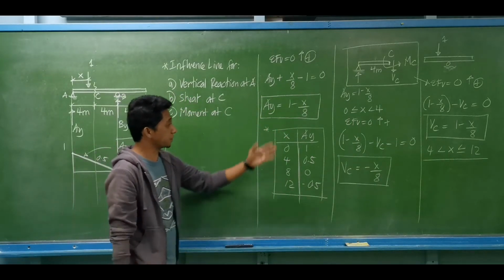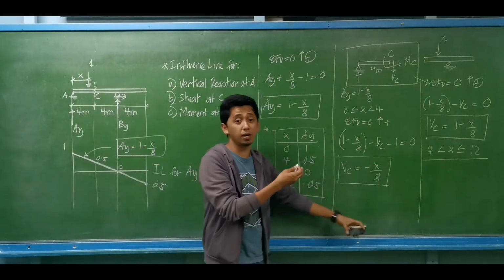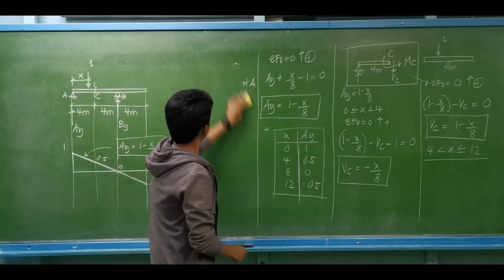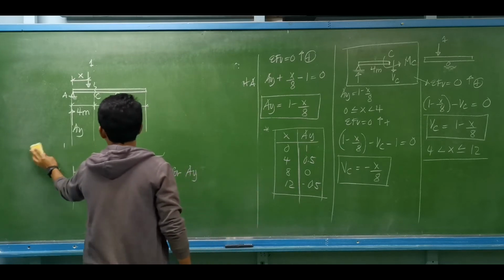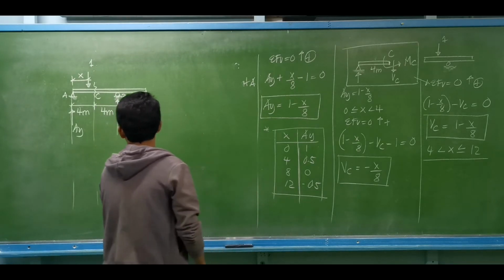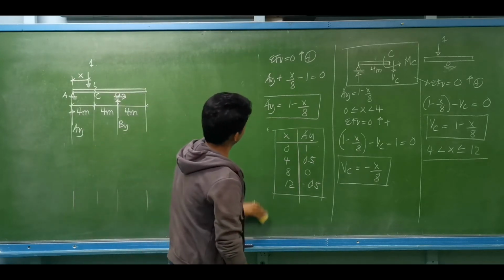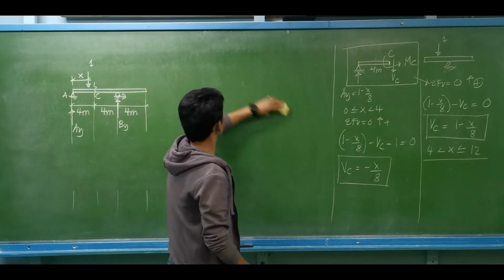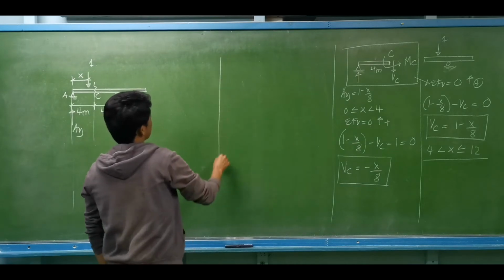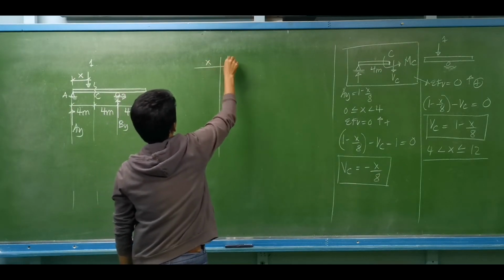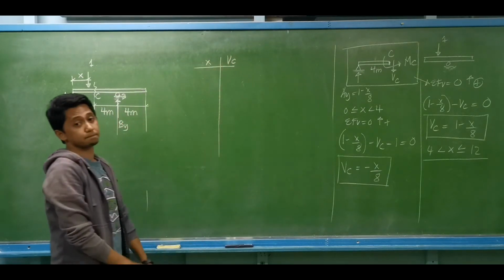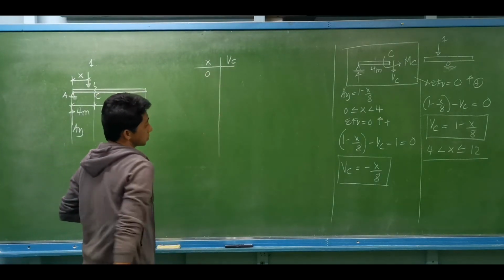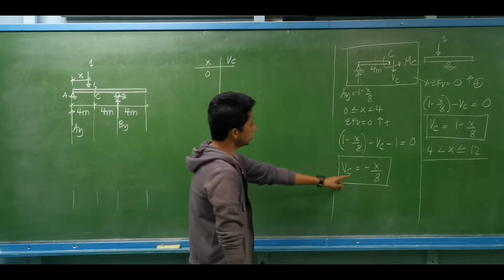So again, after establishing our equation, we are now to tabulate. For any value of x, we have the corresponding value of the shear at C. So let's say at x is equal to 0, we have that equation.